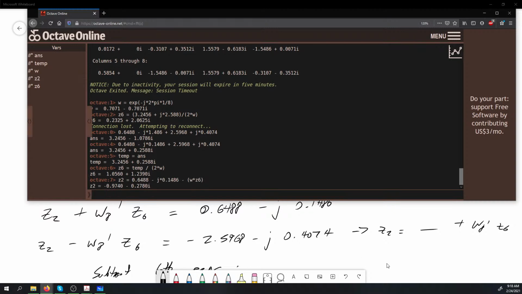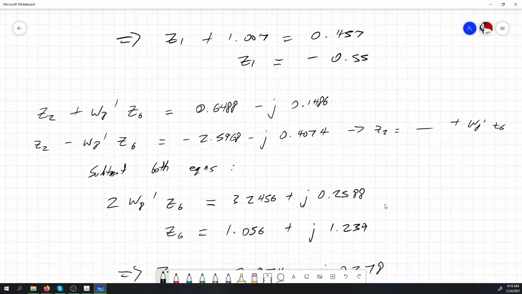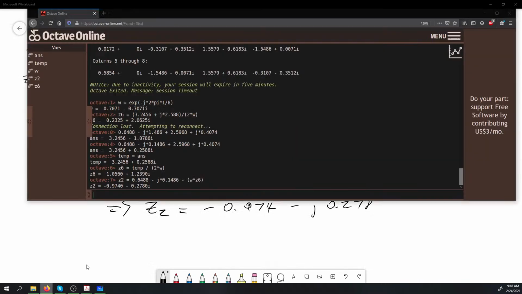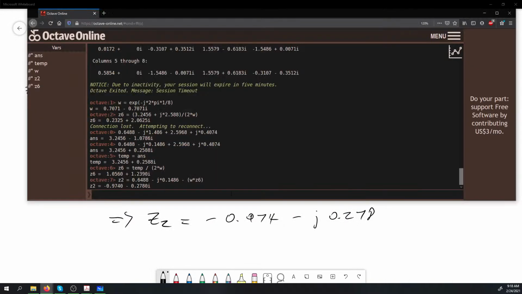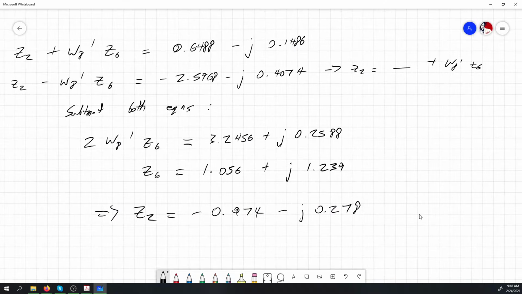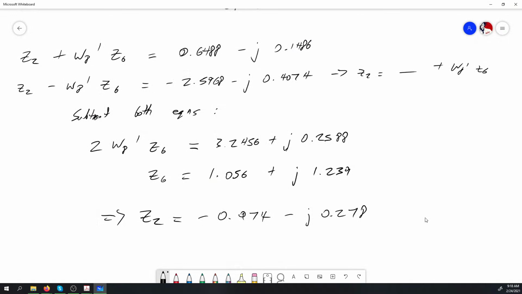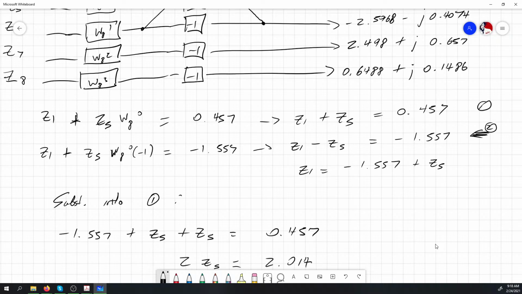My math here is a little wrong. 0.974. Right, yeah, that's correct. Nice. So basically this process keeps on repeating itself throughout the entire diagram itself.